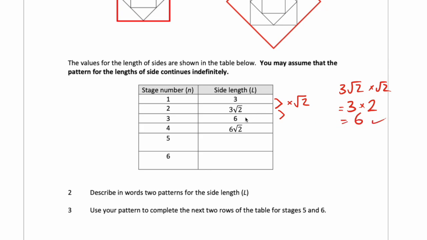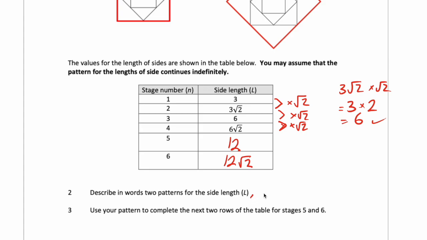So it is 6, so it is times root 2. It's times root 2 each time. That means you're going to have an exponential rule. So if I multiply that by root 2, I get a 12, and the next one is 12 root 2. So describing in words, the pattern for the side lengths.